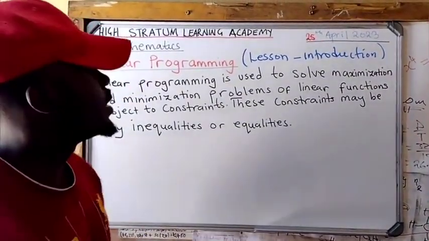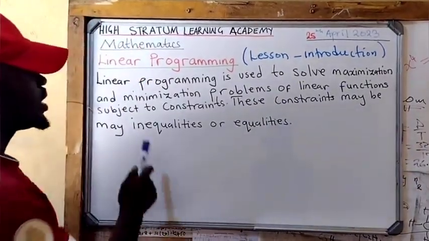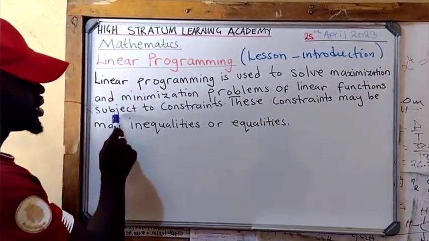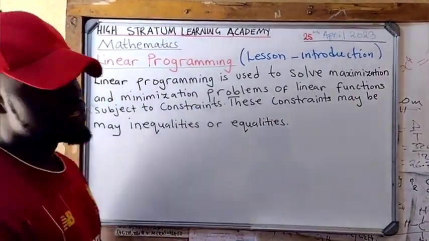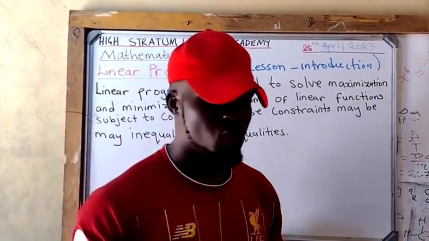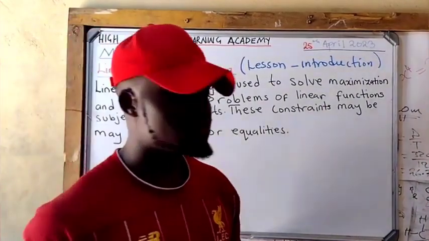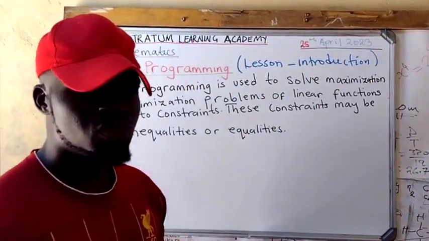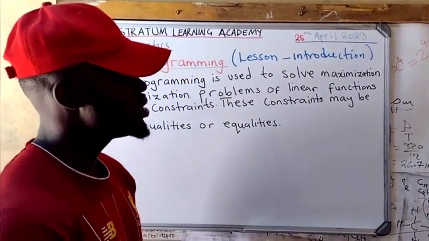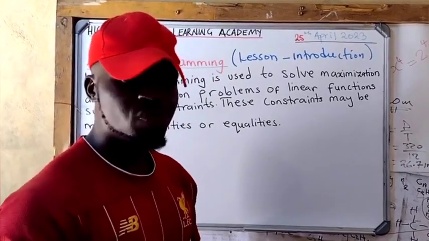Linear programming is used to solve maximization and minimization problems of linear functions subject to constraints. These constraints can be inequalities or equalities. This is one branch of mathematics that is very important because it is used in businesses, in economics, and in manufacturing fields by engineers.